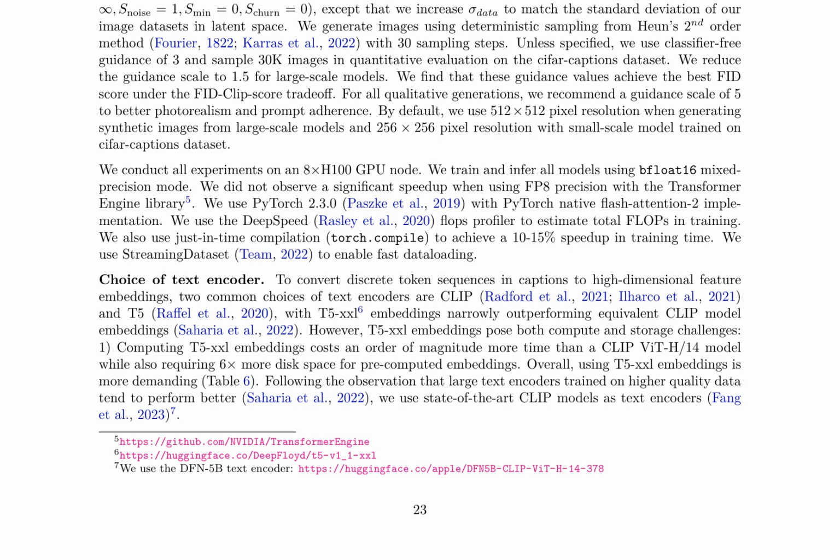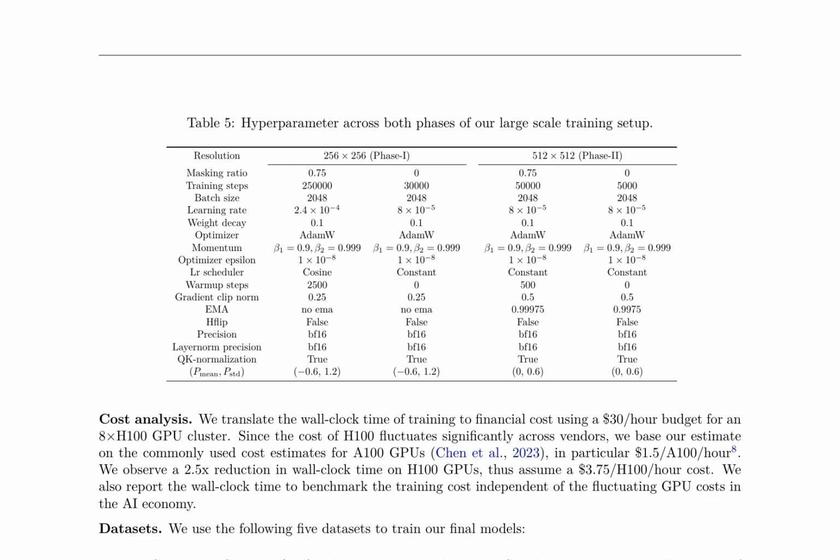For quantitative evaluation on the Cipher Captions dataset, they use classifier-free guidance of 3 and sample 30K images. The authors conduct all experiments on an 8xA100 GPU node, using bfloat16 mixed precision mode. They use PyTorch 2.3.0 with PyTorch native Flash Attention 2 implementation and the DeepSpeed FLOPs profiler to estimate total FLOPs in training.